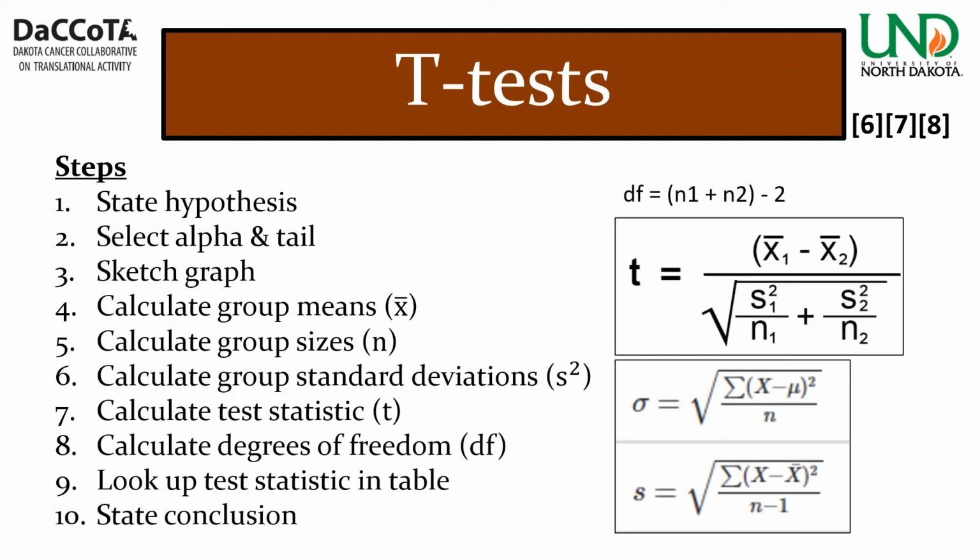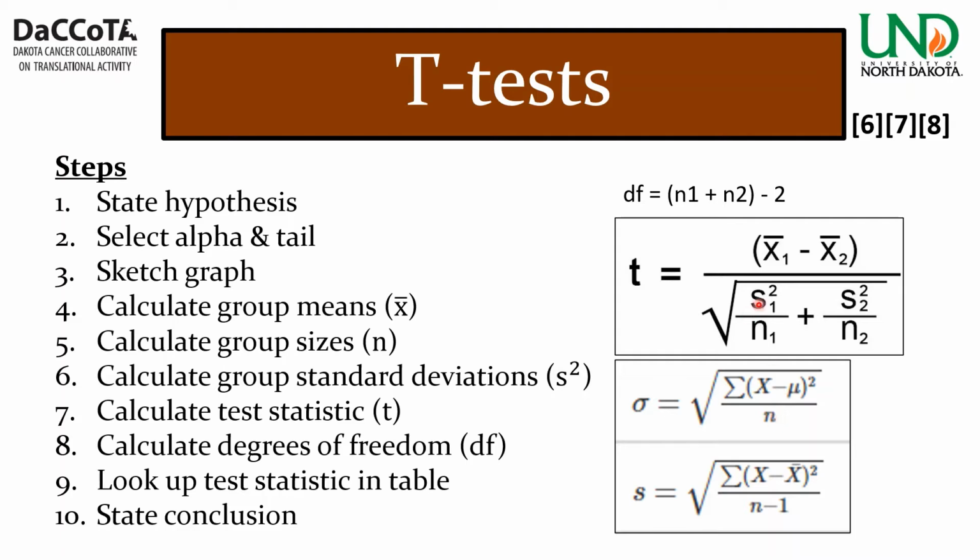And now here are equations for actually how to get things. So degrees of freedom is going to be the n of one group plus the n of the other group, and then minus 2. Our actual test statistic is going to be the difference in means divided by things like standard deviation and our group sizes, squaring that.